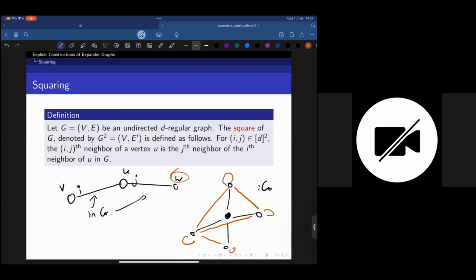Because of that vertex, that's the friend that everyone knows in this party, these two are going to be connected, and every two are going to be connected, and also the vertex with itself, because going back and forth is perfectly valid, and it essentially generates a self-loop in G squared at that vertex.